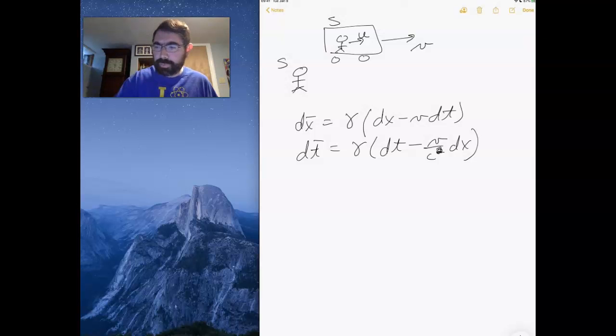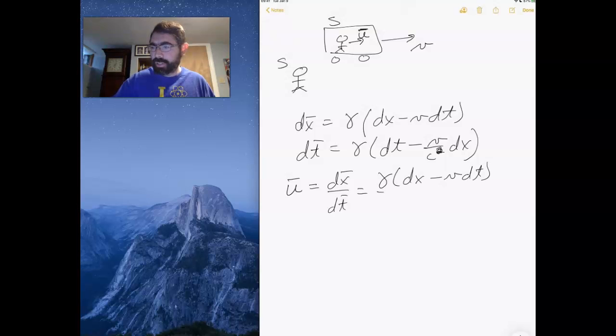Okay, so therefore u bar, so this should have been a u bar, u bar is dx bar/dt bar, which is gamma (dx minus v dt) over gamma (dt minus v over c squared dx).